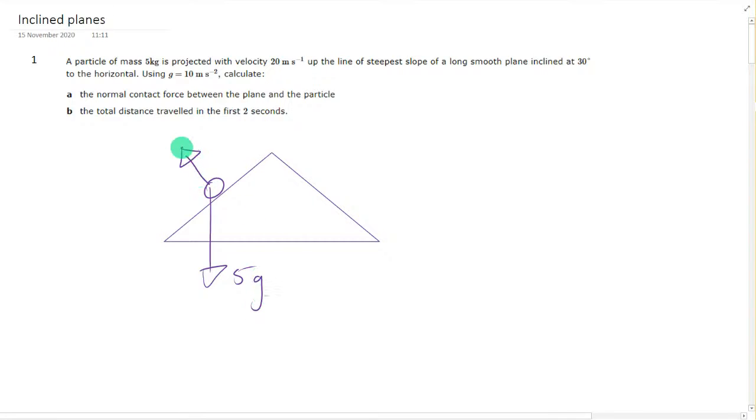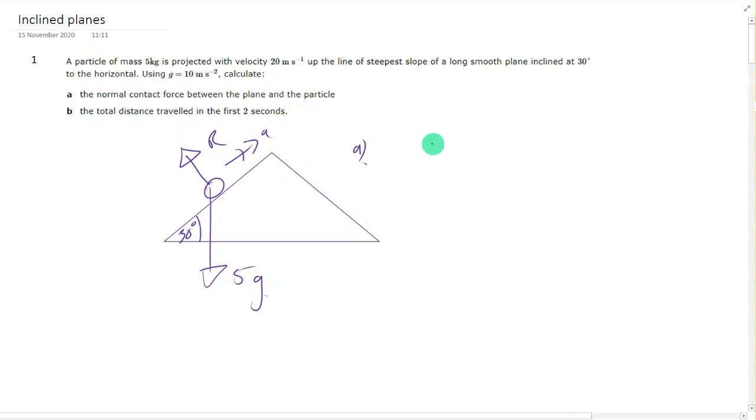We'll have a normal reaction, perpendicular to the plane. We know that it's inclined at 30 degrees to the horizontal. So we want to find the normal contact force between the plane and the particle. We're going to take our acceleration this way.